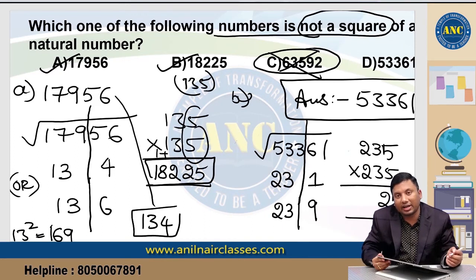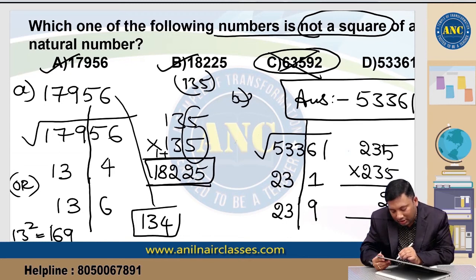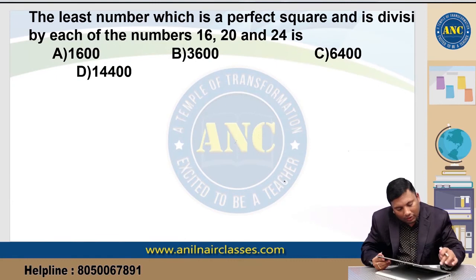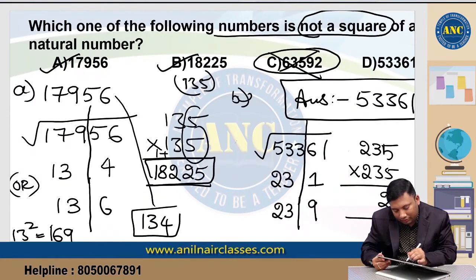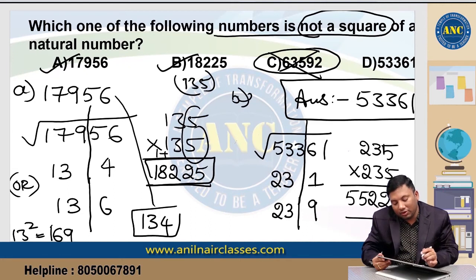Anyway, all three we are trying to prove that they are perfect squares. So 23 into 24 is 552. So 235 whole squared is 552, but I want 533.